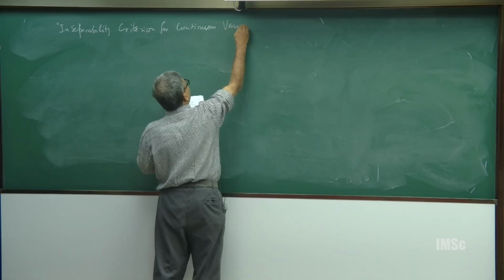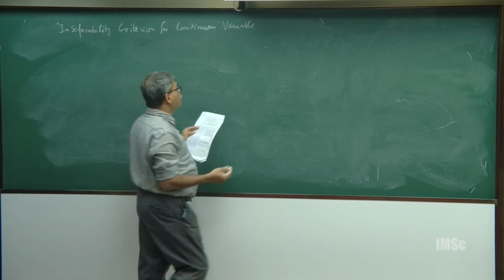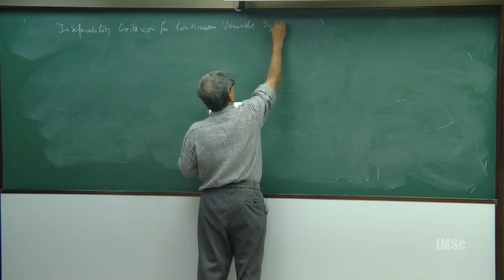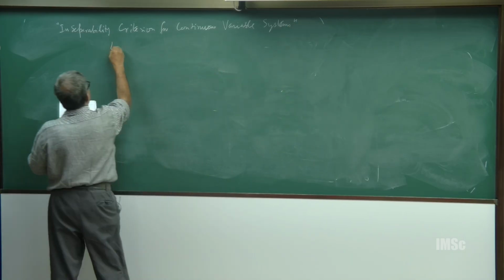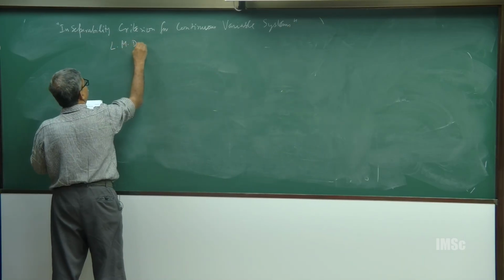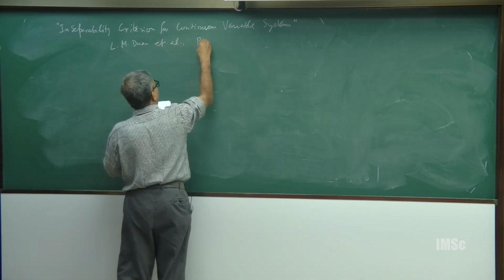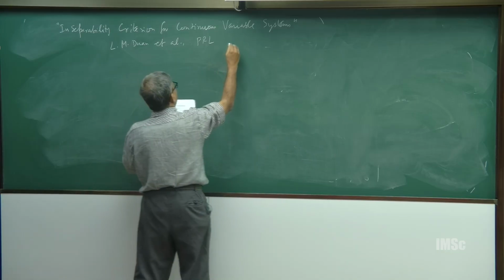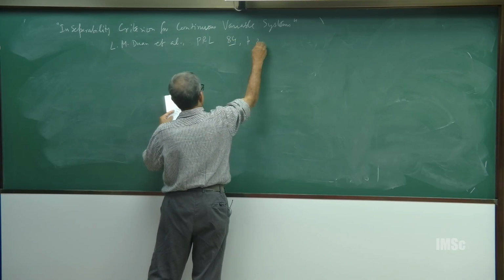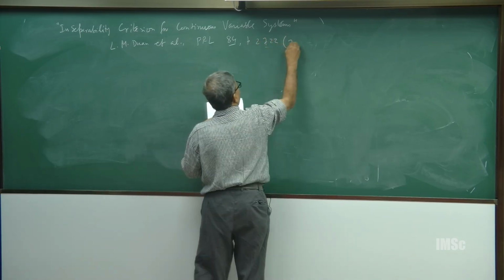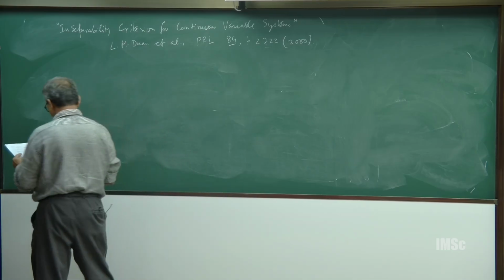Of course, the title does not reflect whatever is inside, because this is not the full criterion. So, this is by Lu-Ming Duan et al., Physical Review Letters 84, page number 2722.